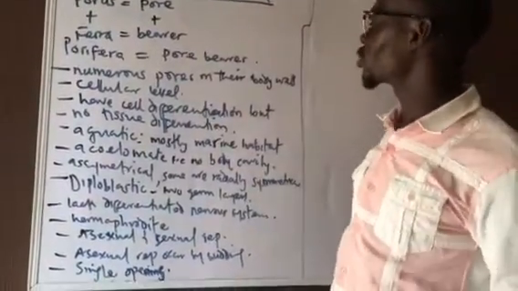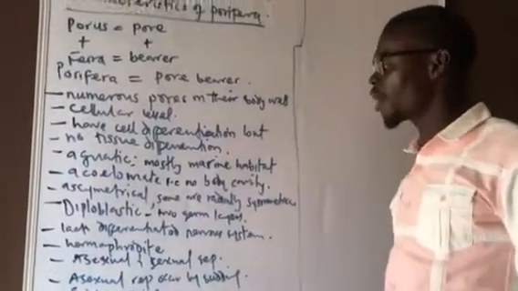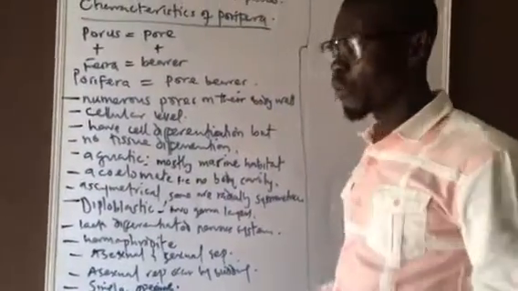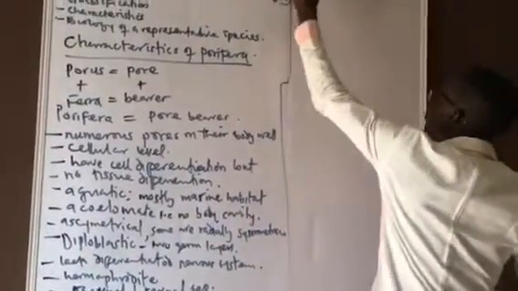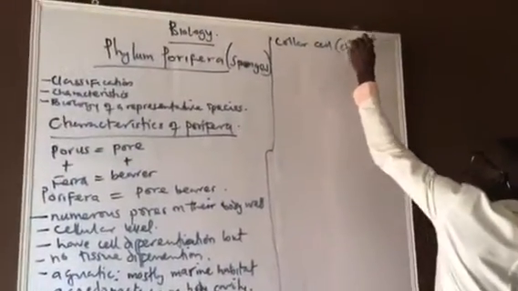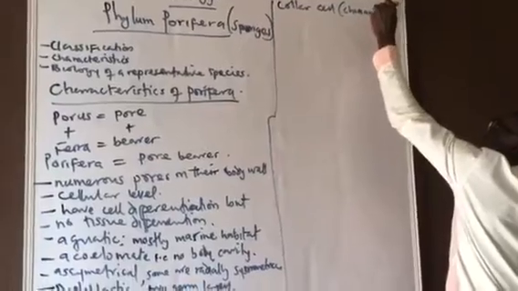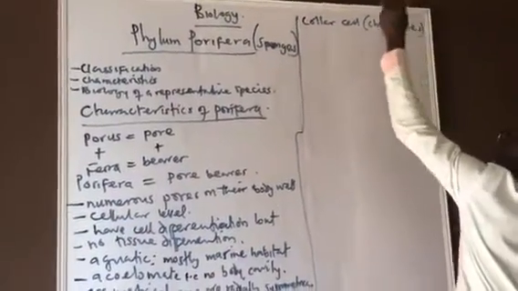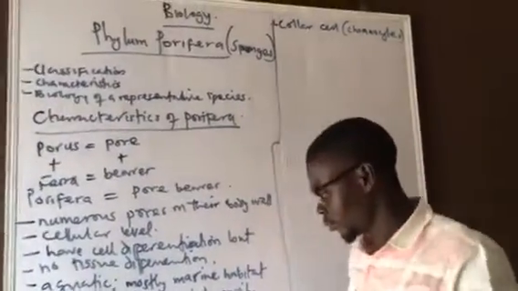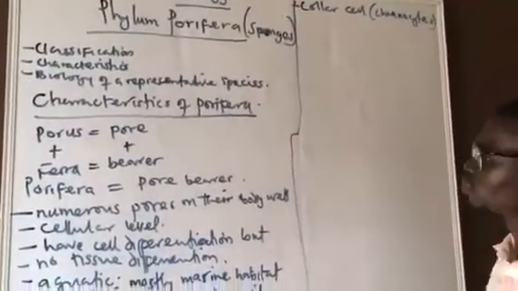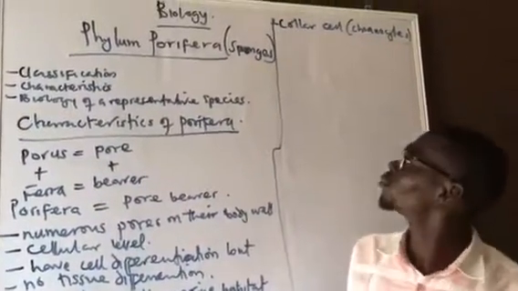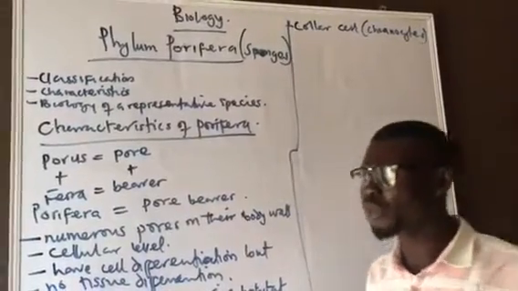So these are the features of porifera. Their body is made up of collar cells called choanocytes. Those are other characteristics. They have a single opening. They don't have a well-developed nervous system or digestive system.